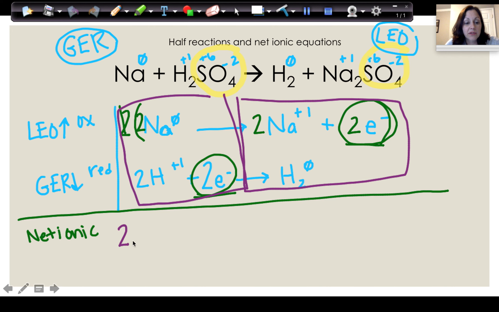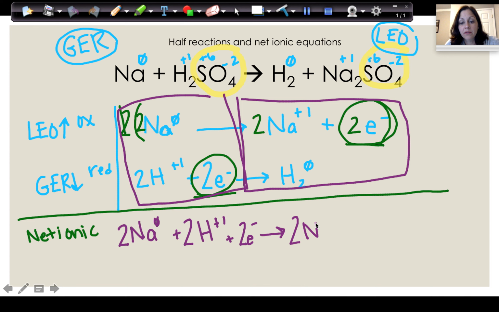So I have 2Na0 plus 2H+1 plus 2 electrons yields 2Na+1 plus H2 plus 2 moles of electrons.